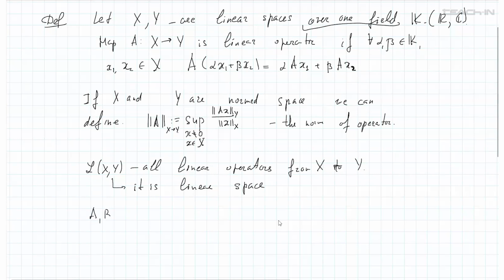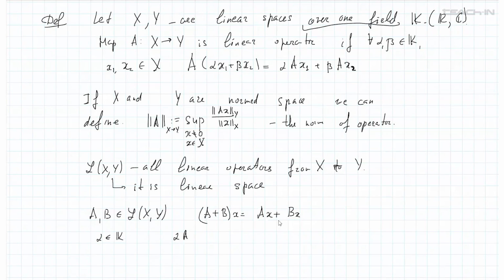So for A, B from L(X, Y), A plus B acting on X is just the pointwise action. And if alpha from the field is a scalar, then alpha A acting on X is alpha times AX, and because Y is a linear space, all these operations are correctly defined.